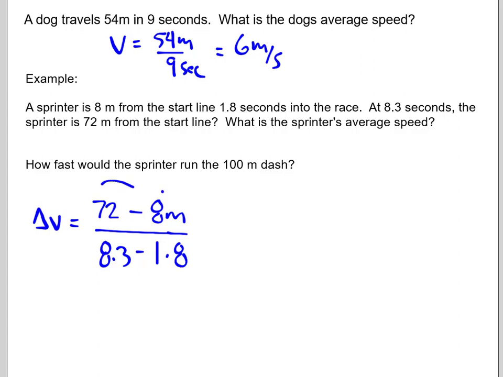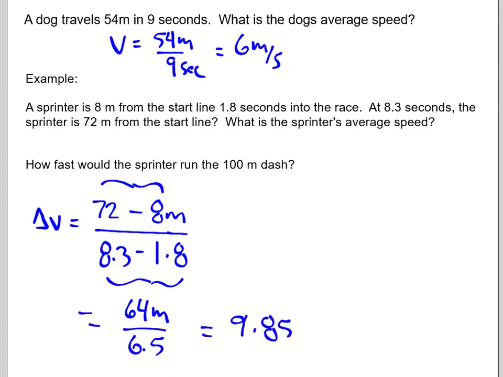So this is the change in their distance, this is the change in their time, and if we do a quick calculation on that, 72 minus 8 is 64 meters. 8.3 minus 1.8 is 6.5 seconds. So 64 divided by 6.5, that's pretty close to 10, but let's just double check. 9.85, we'll say. Let's do 9.9. It's safer. Meters per second, approximately 10 meters per second.